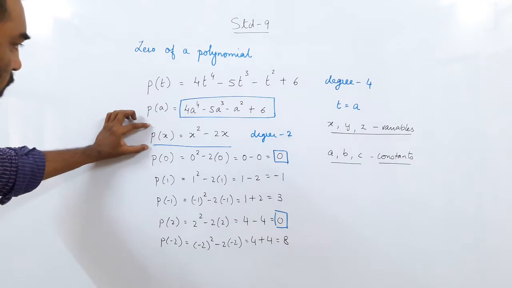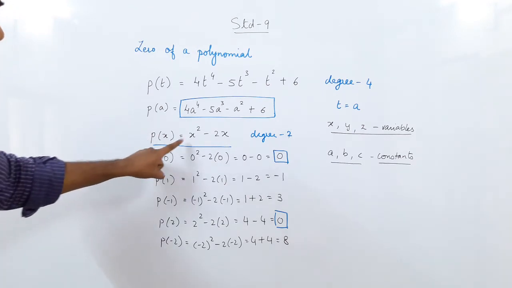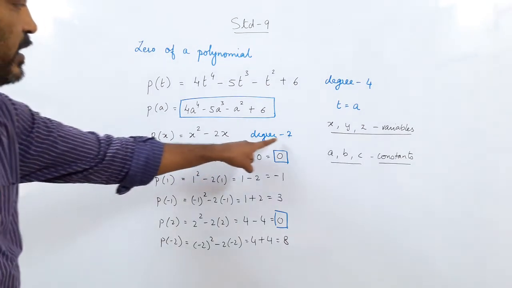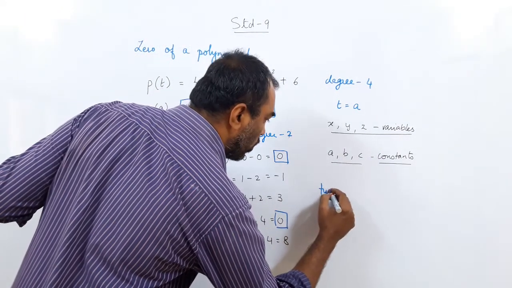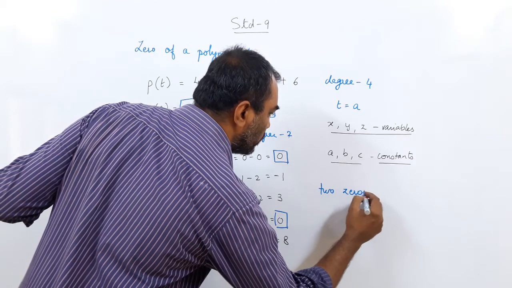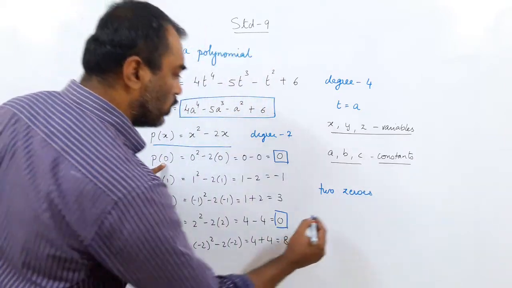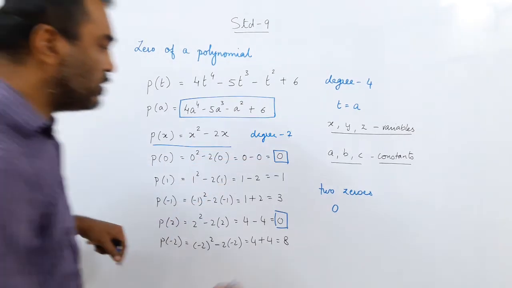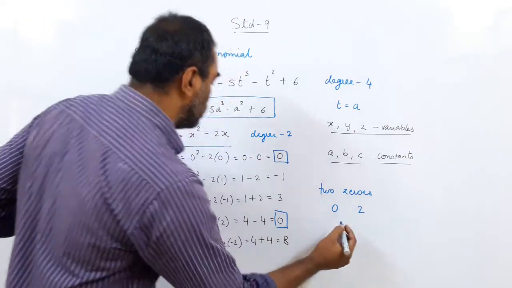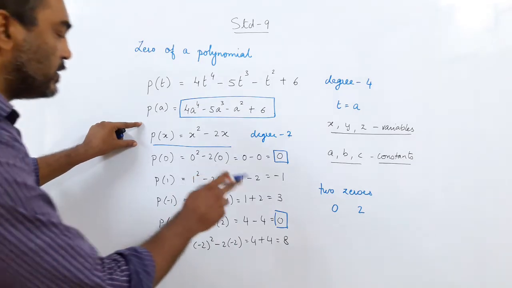For this polynomial, p of x equal to x square minus 2x, the degree is 2, it has got 2 zeros. Which are the 2 zeros? One is 0. On putting the value 0, I get a 0 and the other zero is 2. So the zeros of this polynomial are 0 and 2.